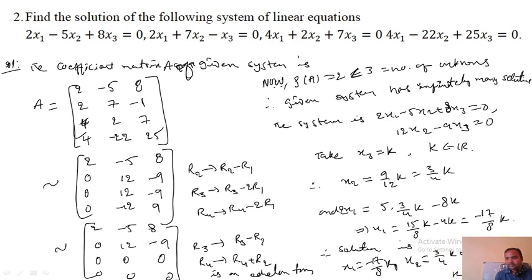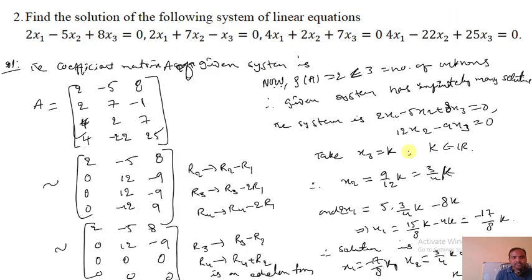Now check the simplification if any mistake is there. This is the procedure to solve the system of equations for a unique solution and infinitely many solutions. For infinitely many solutions, take however many free variables there are. Each free variable is equal to some unknown number; you take any real number, some k. Suppose there are two free variables, you can take k1 and k2 like that.